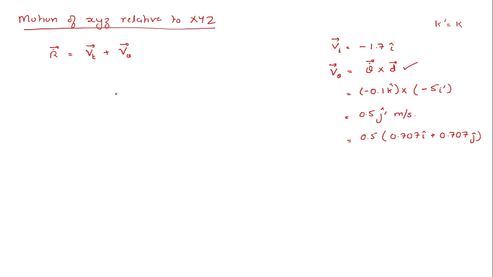Okay, so my r dot vector will be equal to minus 1.7 i cap plus 0.5 into 0.707, which gives approximately 0.354 i cap plus 0.354 j cap. If you solve this, you would get minus 1.346 i cap plus 0.354 j cap. The next is r double dot vector.